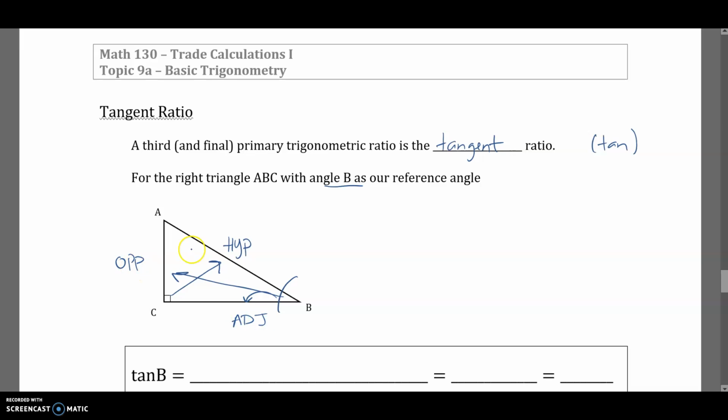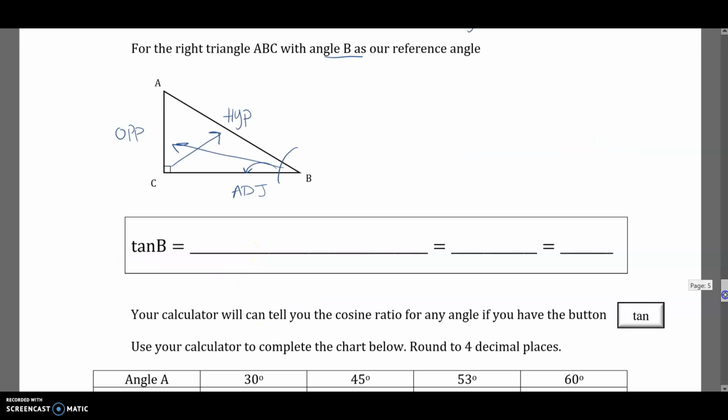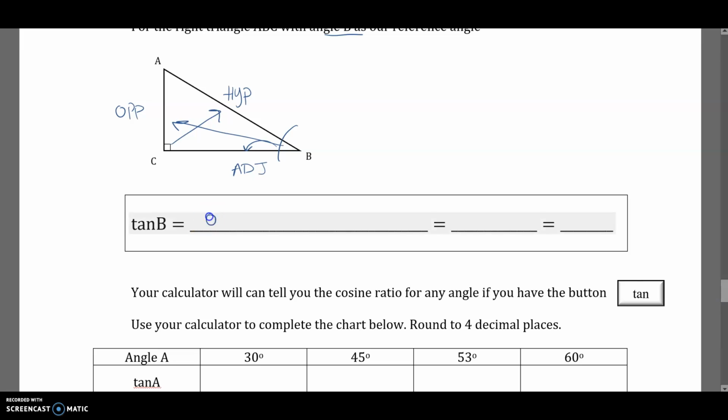We've already compared the opposite side to the hypotenuse with the sine ratio, the adjacent side to the hypotenuse with the cos ratio. So the tan ratio compares the opposite side to the adjacent side. So we can use OPP over ADJ, or simply O over A.